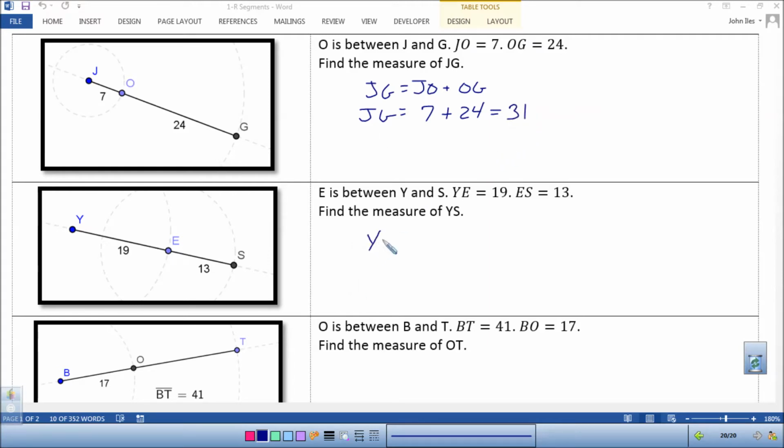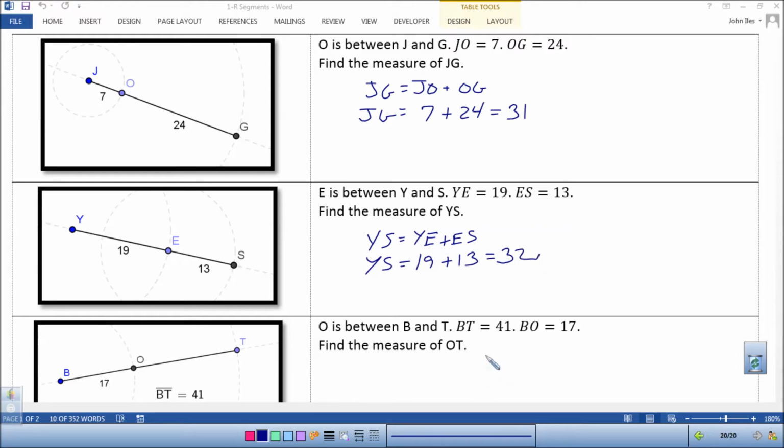Here we have YS equals YE plus ES. YE has a value of 19. ES has a value of 13. So YS is equal to 19 plus 13, which is 32.